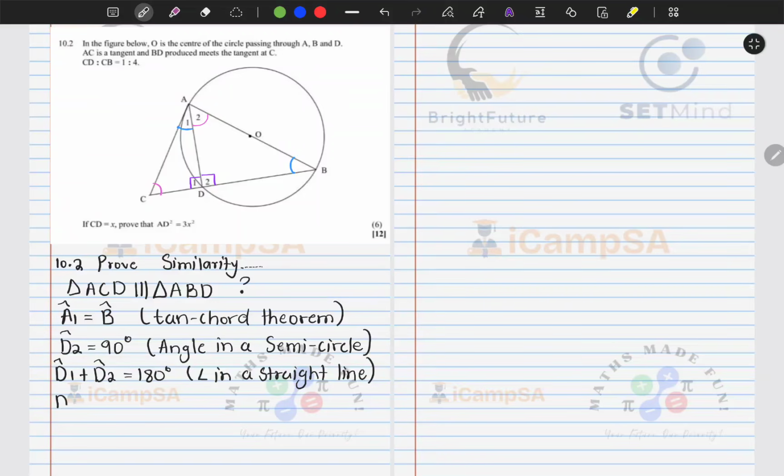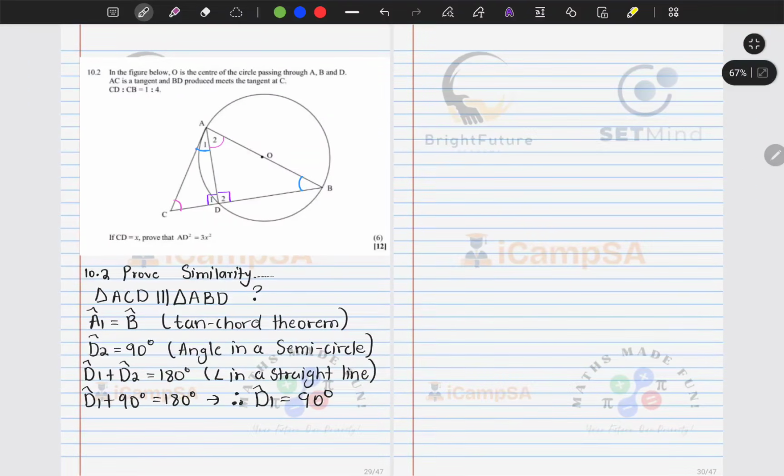Okay, so which means we are going to have D1 plus 90 degrees equaling 180, which means therefore D1 will be 90 degrees. Okay, so we now have D1, then the other angles will be equal. So angle C will just be equal to angle A2. And the reason is you can always say third angle. Okay, if two angles in a triangle or in two triangles are equal, then the third angles will also be equal.